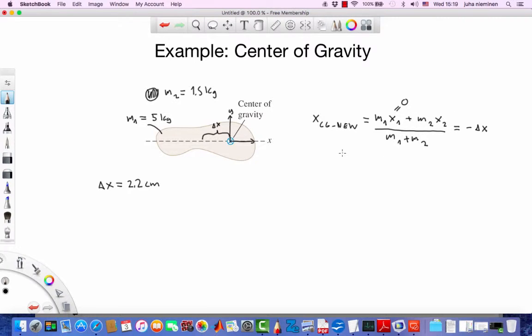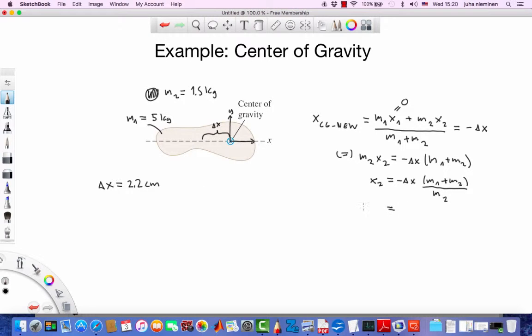So m2 x2 is minus delta x times m1 plus m2, and then dividing by m2, so x2 is minus delta x times (m1 plus m2) divided by m2.